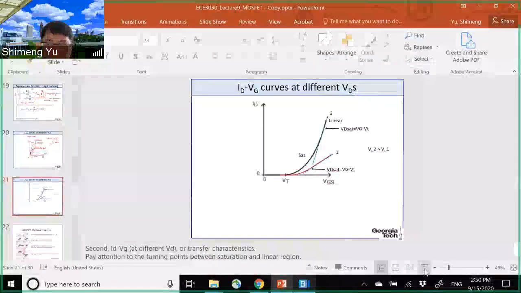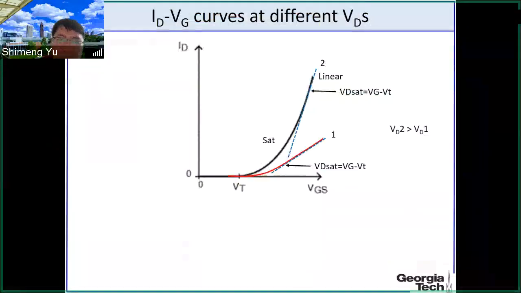And then we can look at ID-VG again. Here we have this ID as a function of VG and VD, but now we want to choose VG as a variable and VD as a control. So here we draw ID versus VG. If you use the equations earlier, then you will expect this kind of curve.